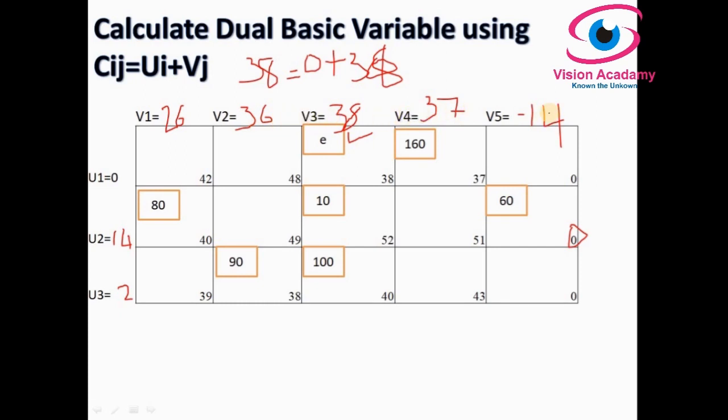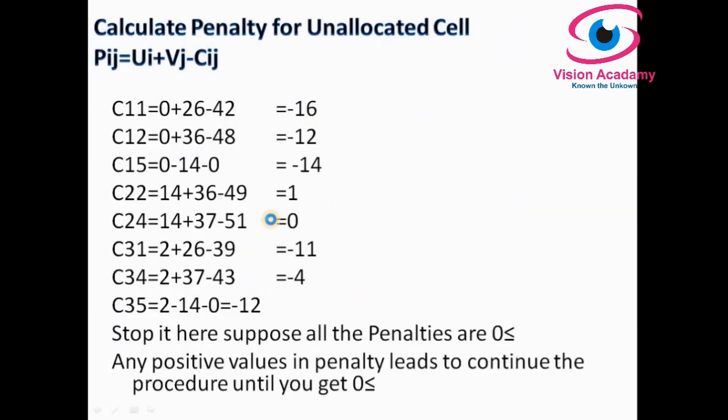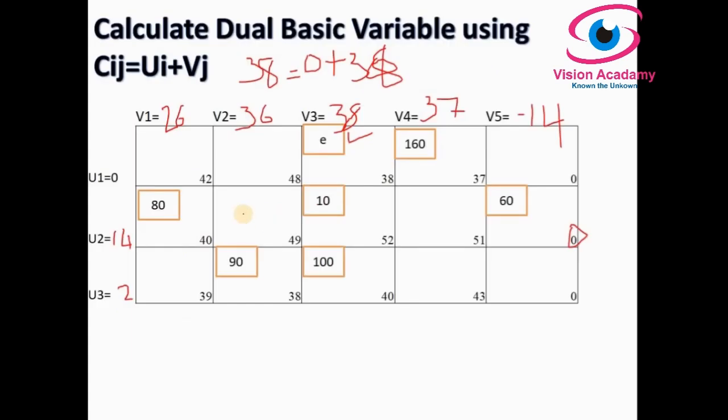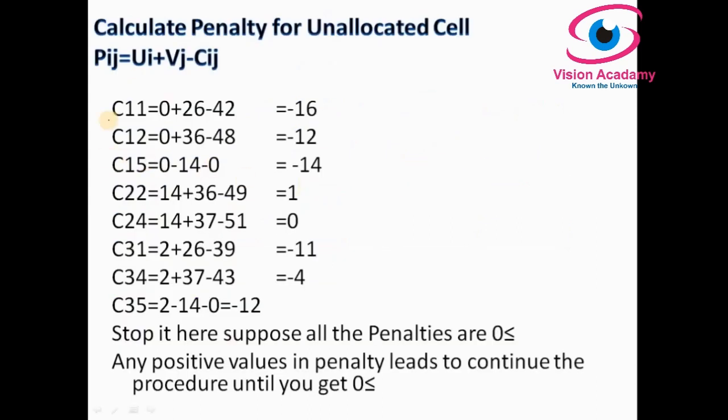So in this way you found all the values like U1, U2, U3 and V1, V2, V3, V4 and V5. So after finding this value, you can calculate penalty. Before you calculate penalty, you should define the unoccupied cells. It means C11 is unoccupied, C12 is also unoccupied, and C13.